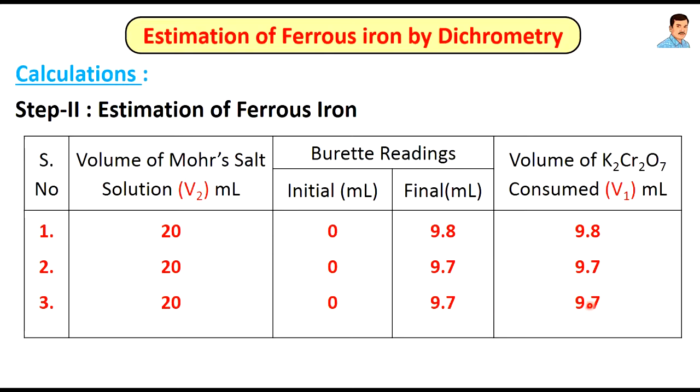We'll stop with the 3 titrations, as we have got 2 concordant values. The second one and third one are the same, 9.7. So we'll take potassium dichromate volume V1 as 9.7 ml.